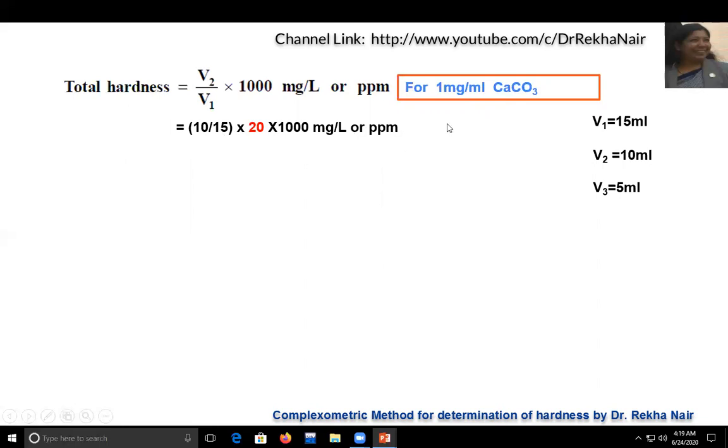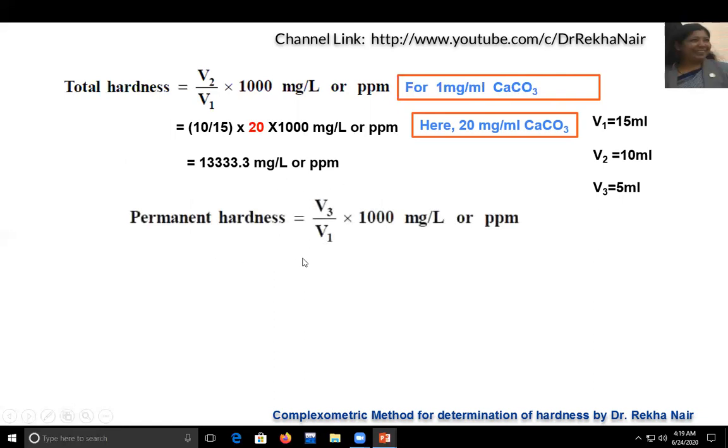But because standard hard water contains 20 milligram per ml, we are multiplying it by 20. So we can directly use the formula also. So this will come out to be 1,333.3 milligram per liter.